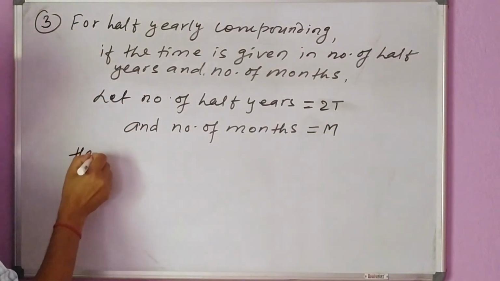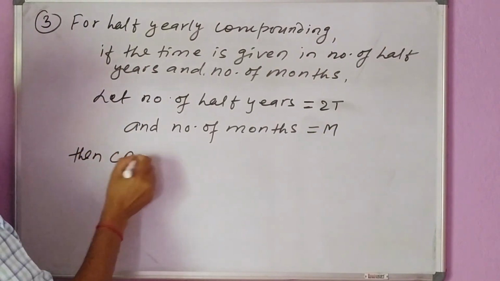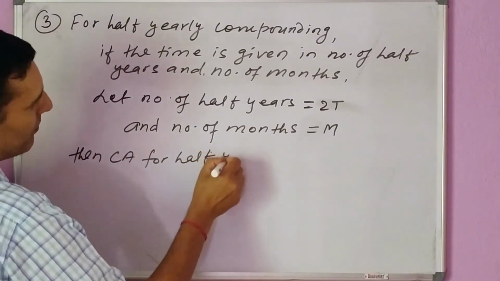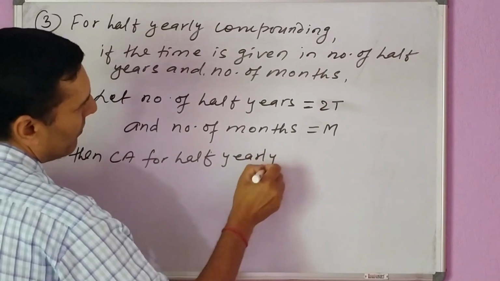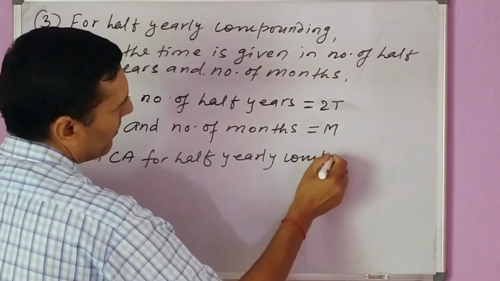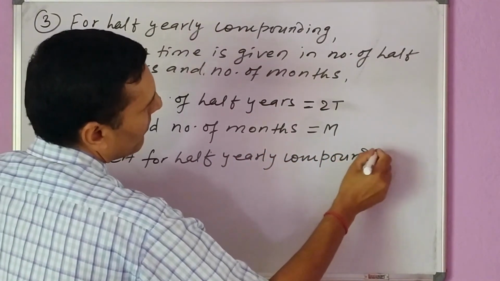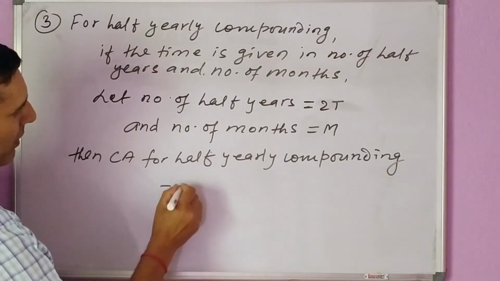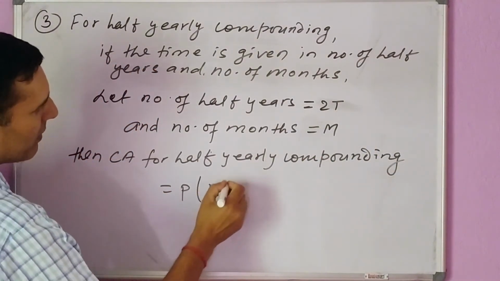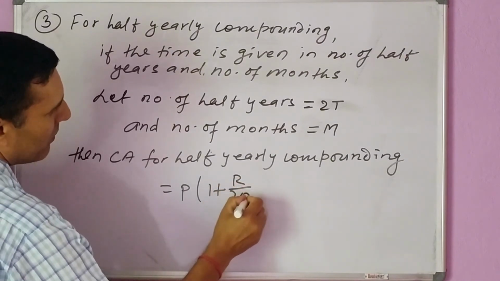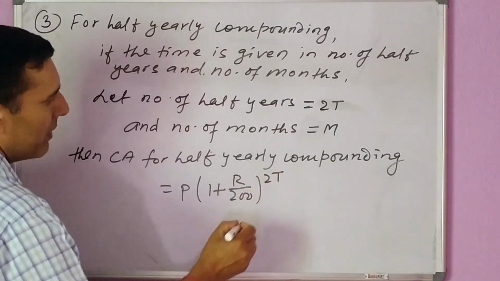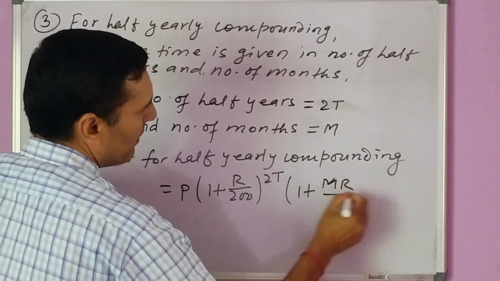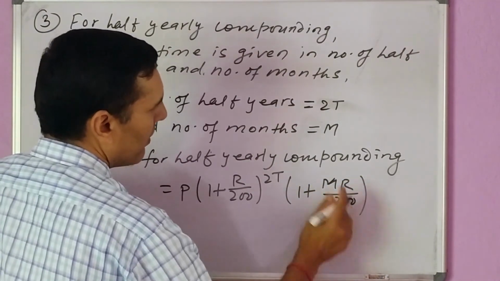Then CA for half yearly compounding is given by P(1 plus R upon 200) to the power 2t times (1 plus mR upon 1200).